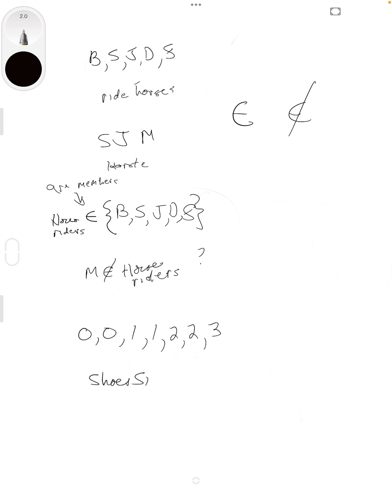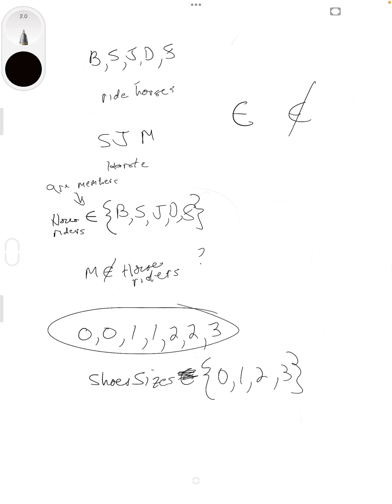Well, the shoe sizes are 0, 1, 2, and 3. I don't have to list everybody's shoe size. I'm just saying that's the set of shoe sizes that we have. That's pretty much that piece.